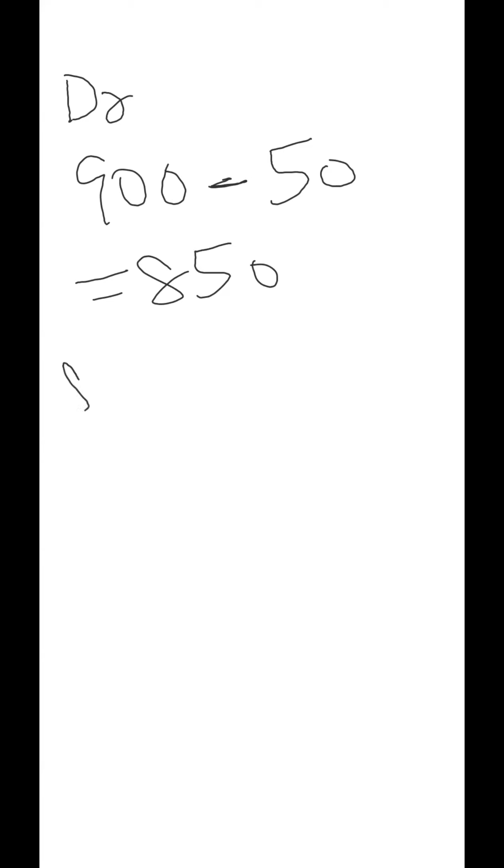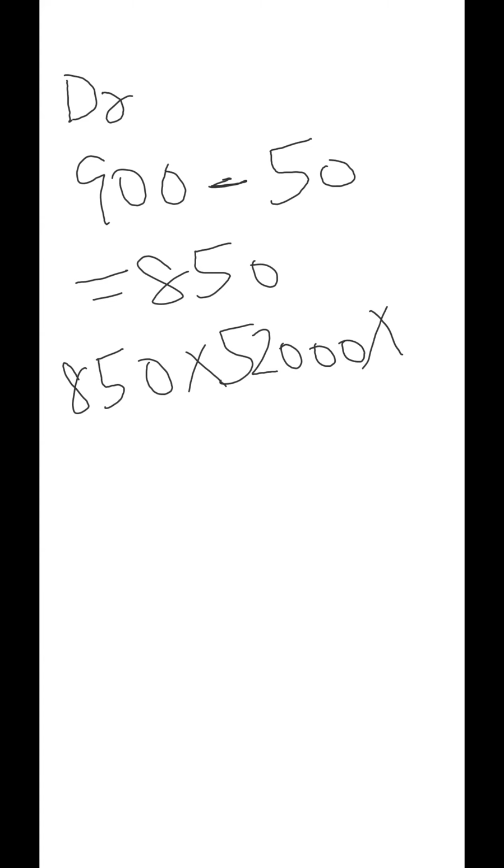So you have to calculate 850 into number of units, that is 52,000. Now what is given for the debtors? Credit allowed to customer is 8 weeks. 8 divided by 52. Clear? This is how we have to calculate the debtors part.